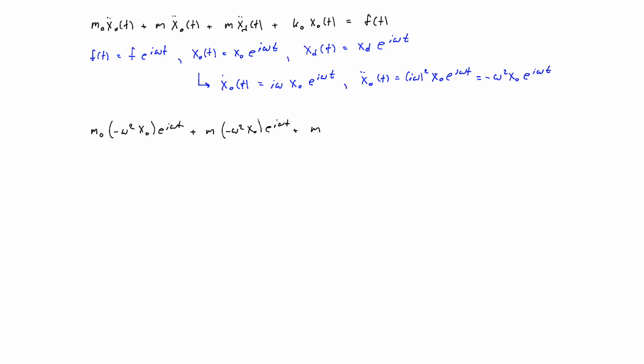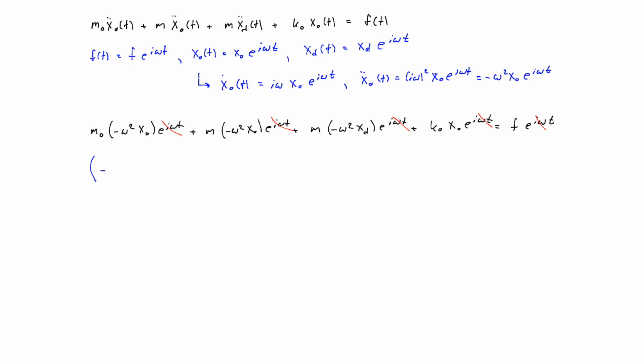We'll have another m, but this time it's with respect to xd, and then k0 x0 e^(i omega t), and f, like this. We can cancel all the exponential functions, and that means that we can collect our solution in two terms.